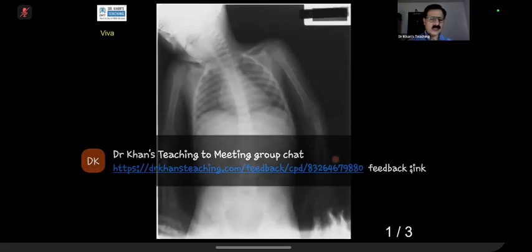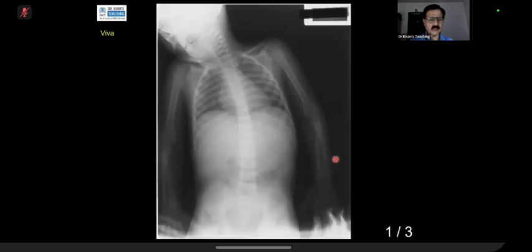This is a classical exam case. It's from our departmental teaching files, a very old film, and we have scanned it, and it was a hard copy, but classical stuff. What we see here is that there is this erosion of the metaphysis. Actually, it's not projecting very well, but there was erosion here also.